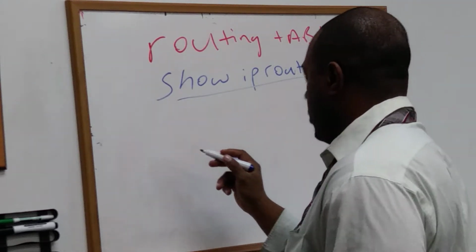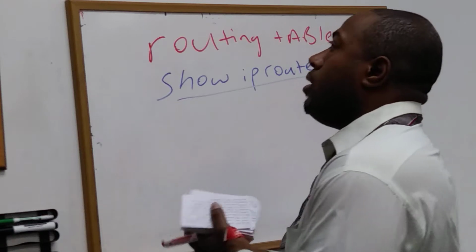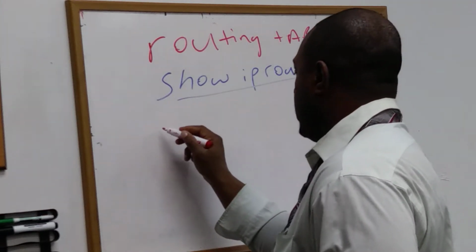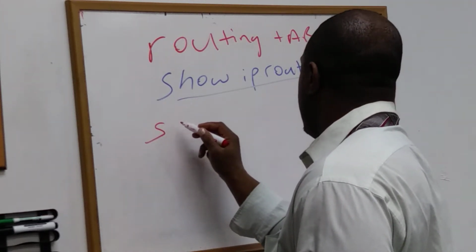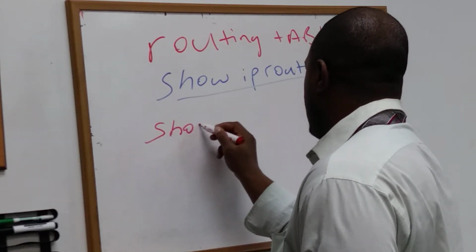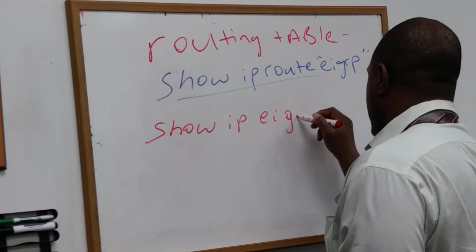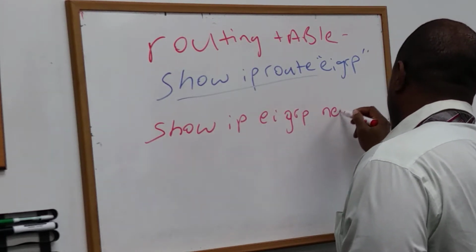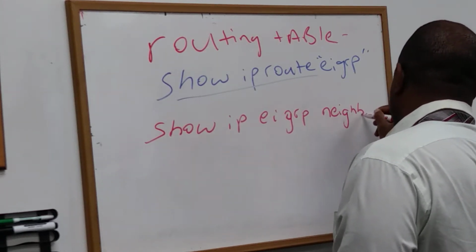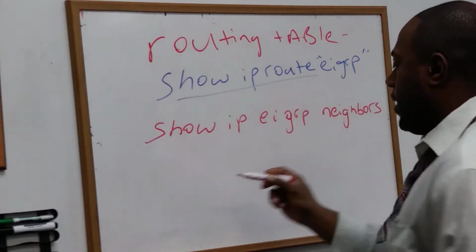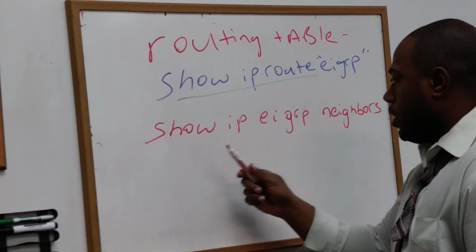You have the neighbor table, which is show ip eigrp neighbors. That is the command that you enter from the enable mode.